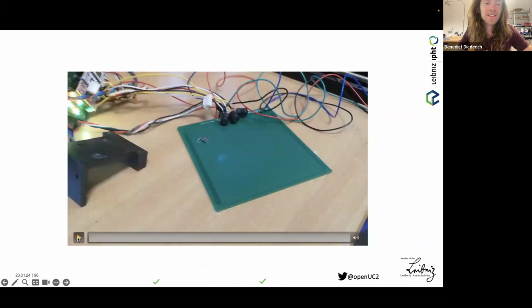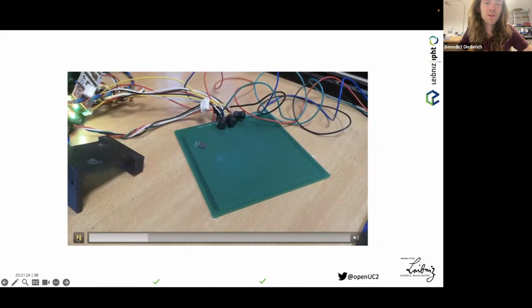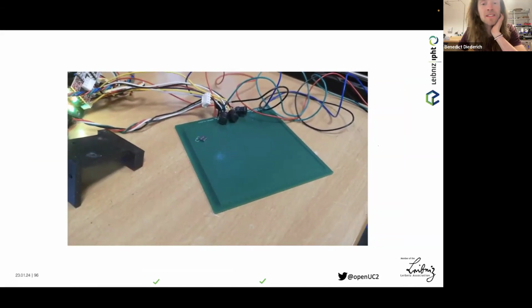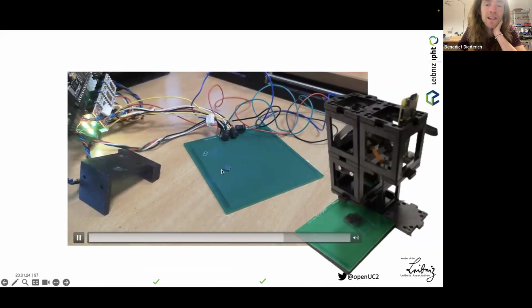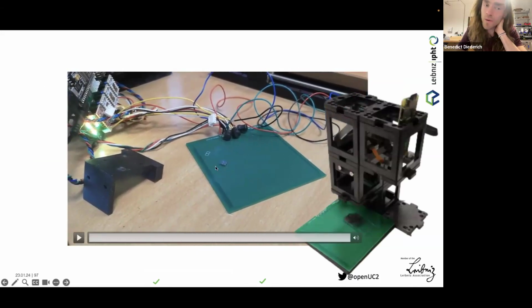It's not really fancy, and it's not fully applied to microscopy yet, but that's the next step. So this here is then the motion in X and Y combined.